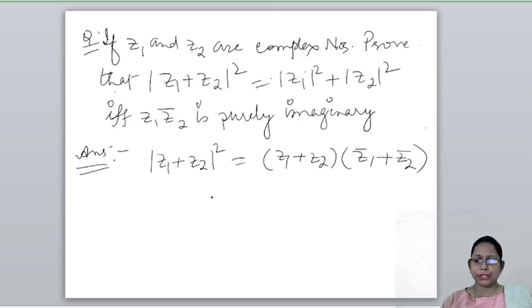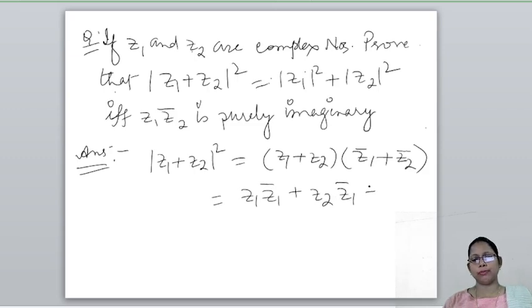On simplification, it will be equal to Z1 Z1 conjugate plus Z1 Z2 conjugate plus Z2 Z1 conjugate plus Z2 Z2 conjugate.